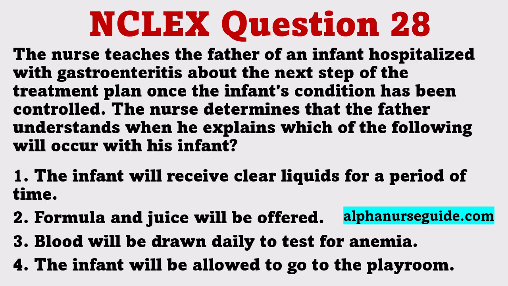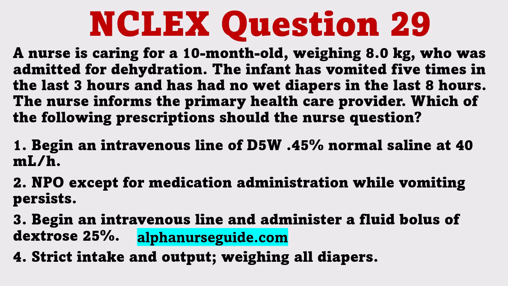A nurse is caring for a 10-month-old weighing 8.0 kilograms who was admitted for dehydration. The infant has vomited 5 times in the last 3 hours and has had no wet diapers in the last 8 hours. The nurse informs the primary healthcare provider. Which of the following prescriptions should the nurse question? 1.